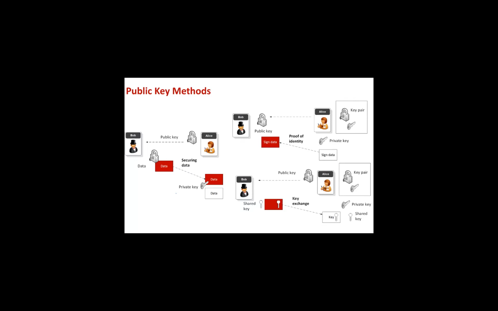And then the other method we can use, and we'll come on to key exchange next week, is that if Bob and Alice want to share a secret key or a session key, then Alice will send the public key to Bob. Bob generates a new key and then will encrypt that key with Alice's public key. He sends that back, and she then decrypts to find the session key, and they now have a shared key.